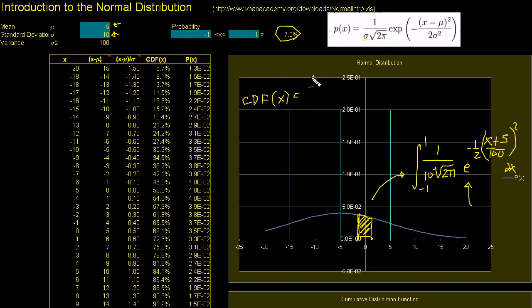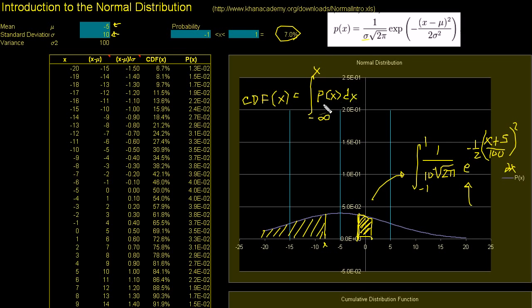It gives us the area under this curve. So let's say that this is x right here. It tells you the area under the curve up to x. Another way to think about it, it tells you the probability that you land at some value less than your x value. So it's the area from -infinity to x of our probability density function, dx.